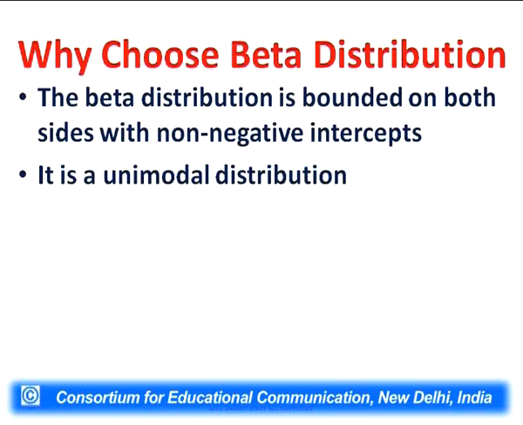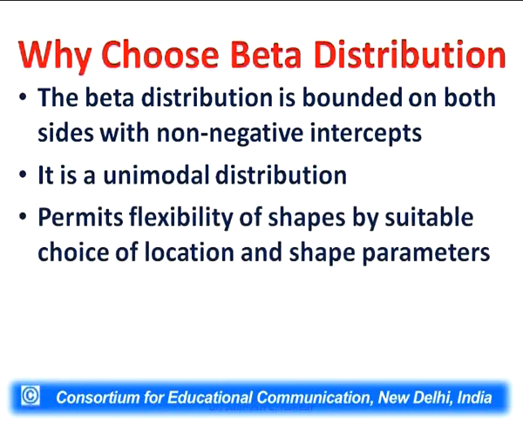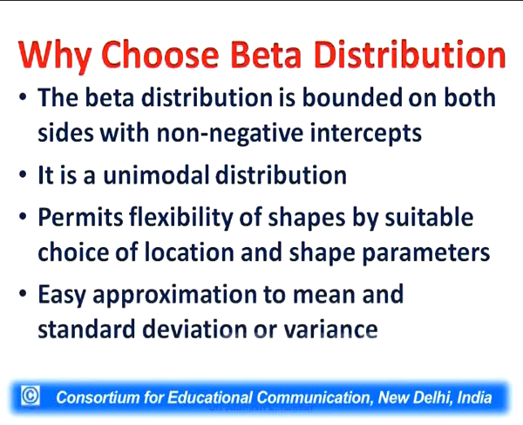There is only one mode, and it permits flexibility of shapes by suitable choice of location and shape parameters, by suitable choice of the values of a, b, c and d. It also gives an easy approximation to mean and standard deviation or variance. So that is the reason why we use beta distribution.